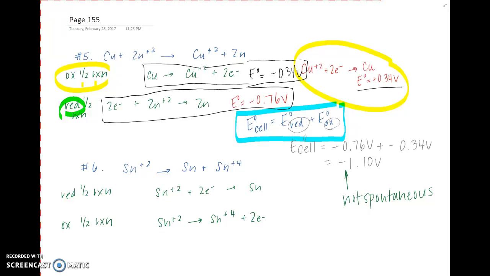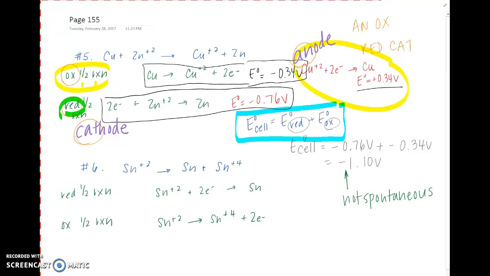So reduction happens at a place that we called the cathode, and the oxidation happens at a place that we call the anode. You need to keep those straight in your head. I don't know if you remember yesterday, but I gave you two mnemonic devices, an-ox, and then the other one was red cat. And so an-ox or red cat helps you figure out which ones go together. Okay?